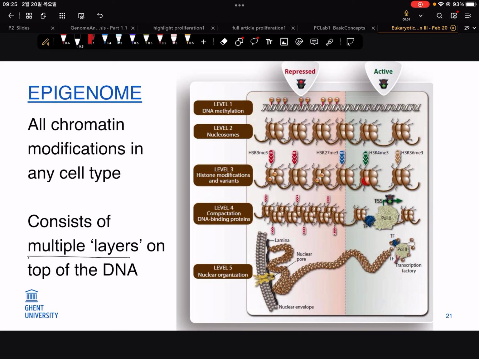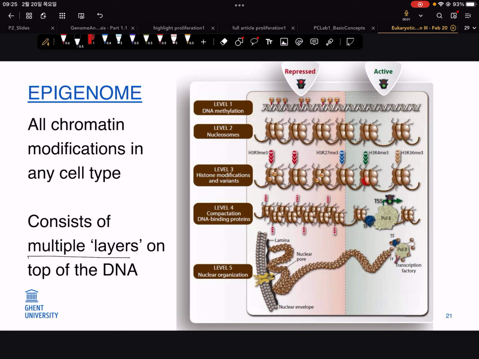So those proteins that bind to the modified histones, in fact, are another layer of epigenome. And here you will have lots of those proteins, like HP1, in repressed state, while less HP1 in the active state, so that, of course, this makes the DNA more accessible, all this loose chromatin thing for RNA polymerase.